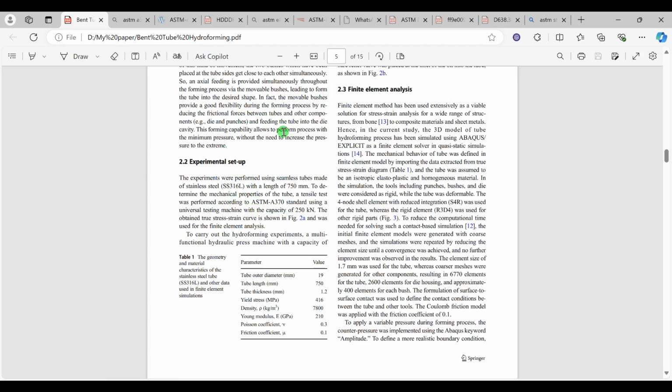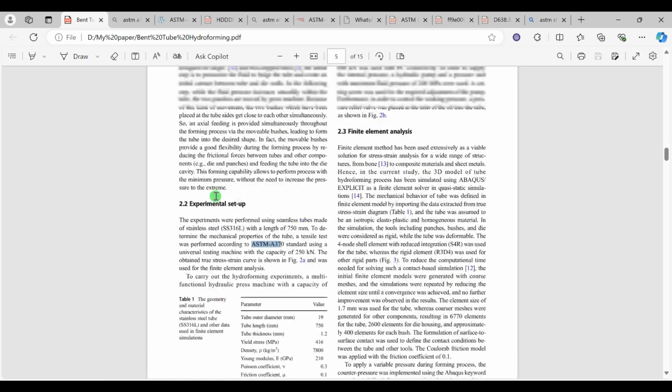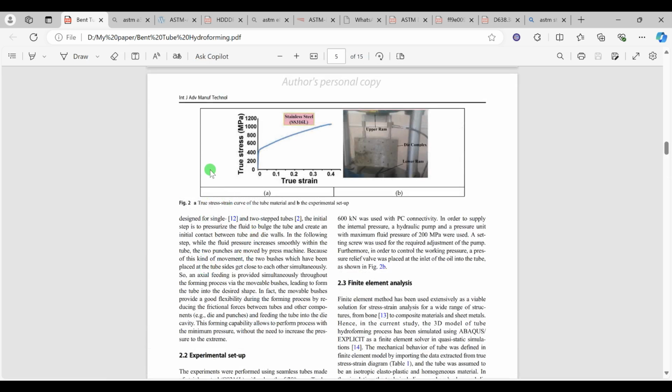In papers, you should look for the ASTM word to find the standard that was used. In this paper, as we can see, they used the ASTM A370 standard for doing the tensile test for a stainless steel tube.